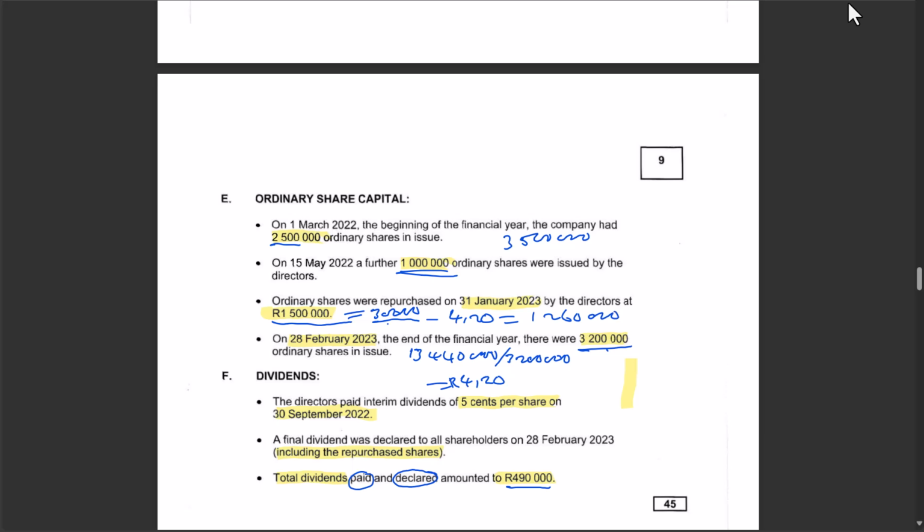We want to get them back to the value before repurchase to see how much the ordinary share capital increased by after the new issue.